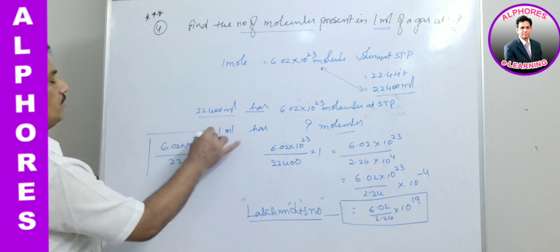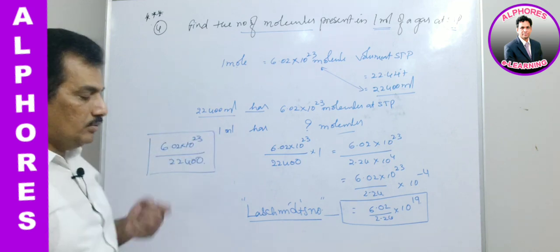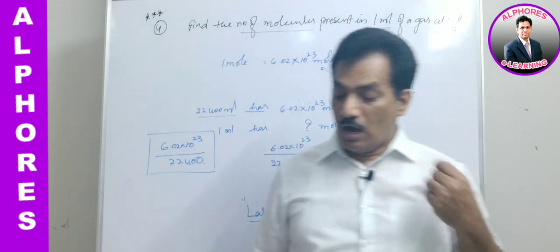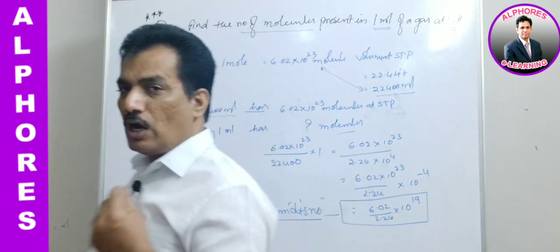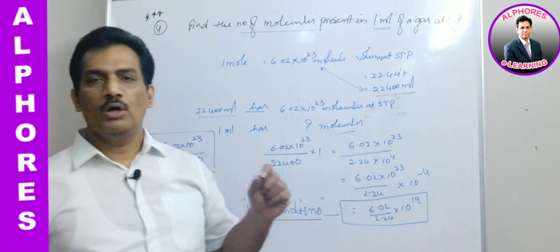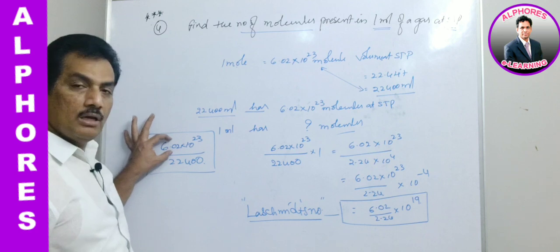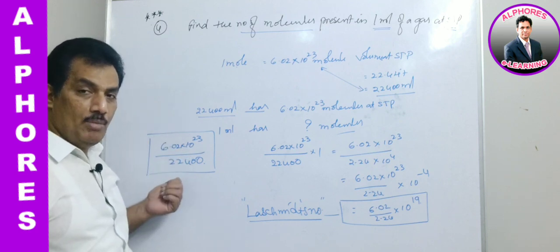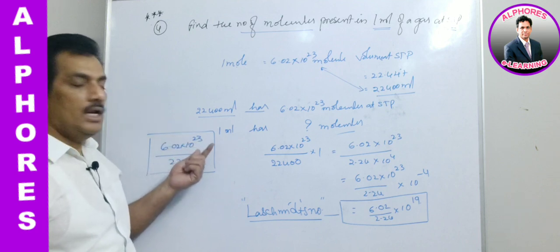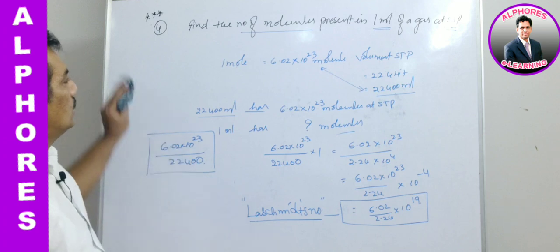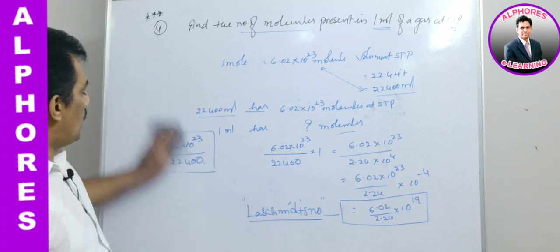That is nothing but the ratio between Avogadro number and the GMV, gram molar volume in ml. The ratio between Avogadro number and GMV in ml is known as Loschmidt number. Clear? That is about finding number of molecules.